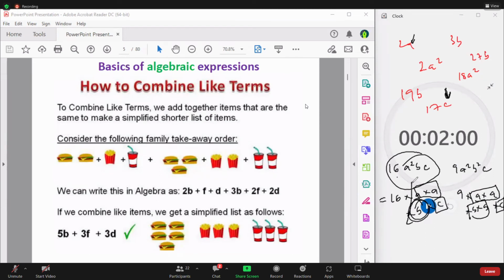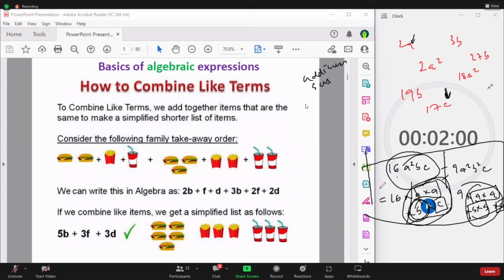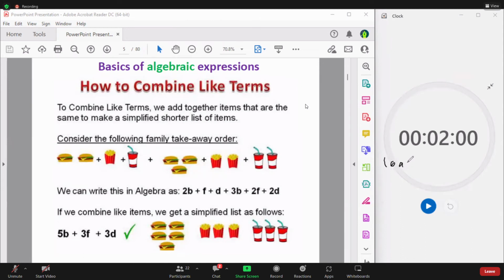Therefore, the variable factors of this term and this term are not similar, and these two will not be like terms. Addition and subtraction can only be carried out on like terms. So these cannot be added or subtracted. They can be multiplied, but they cannot be added or subtracted.